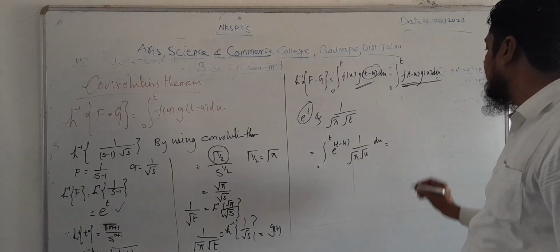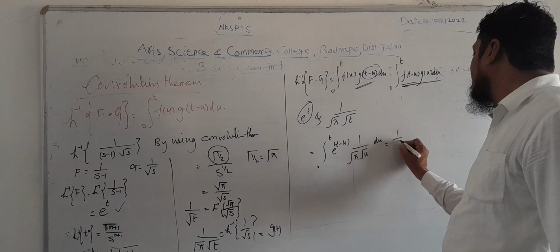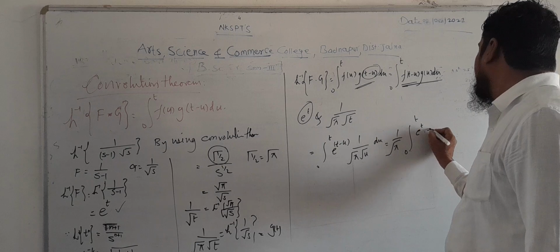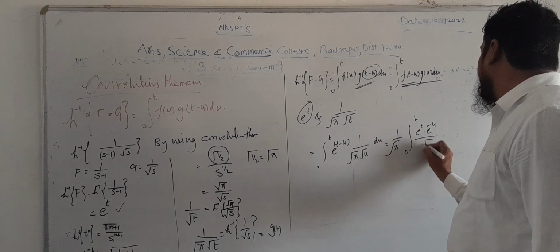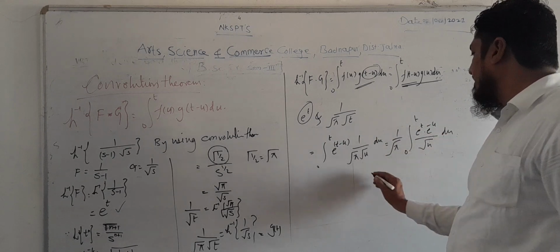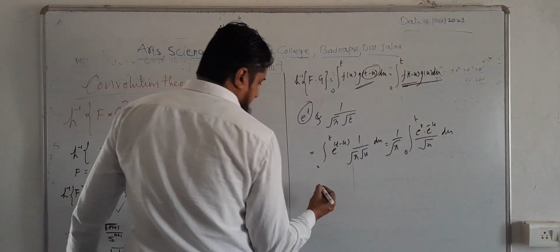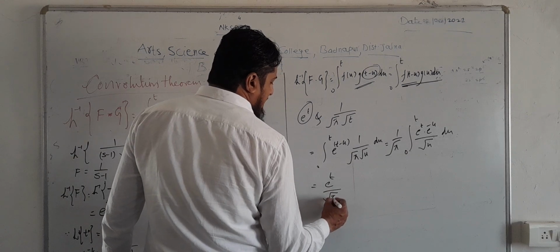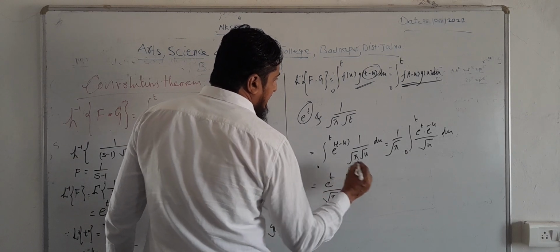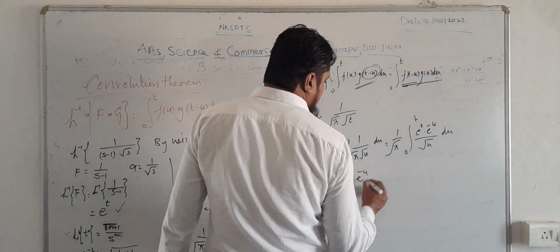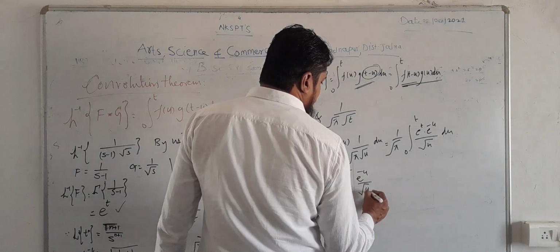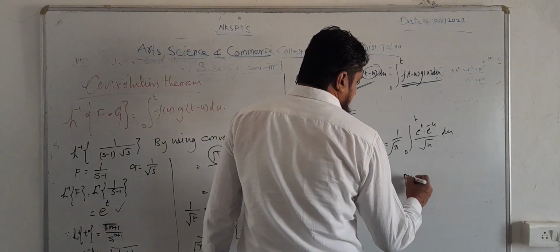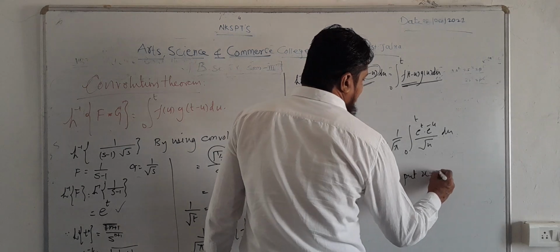We can write it as 1 upon root pi integration from 0 to t of e raised to t into e raised to minus u upon root u du, and it will give us e raised to t upon root pi integration from 0 to t of e raised to minus u upon root u du. Now to solve this expression, put u is equal to x square.